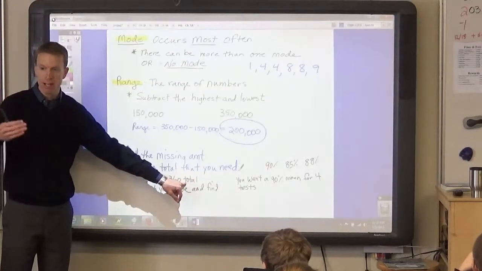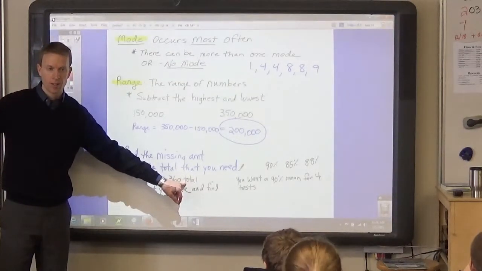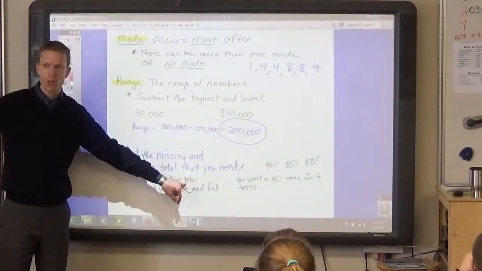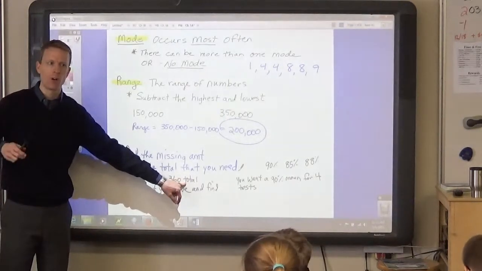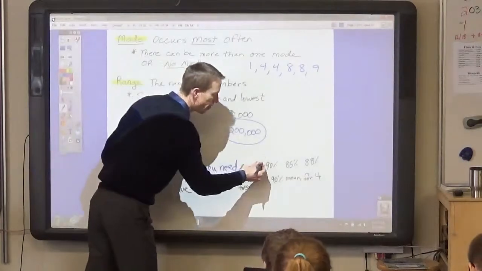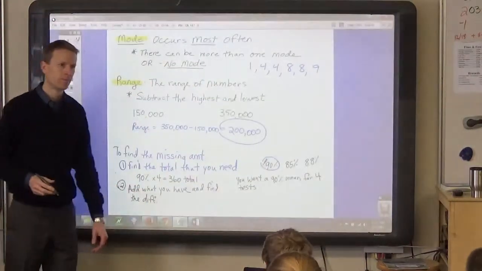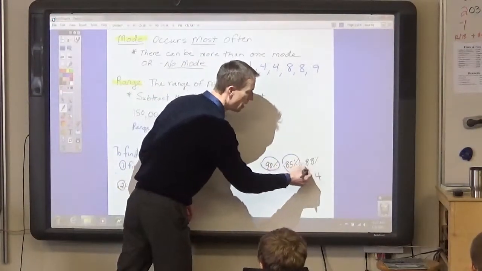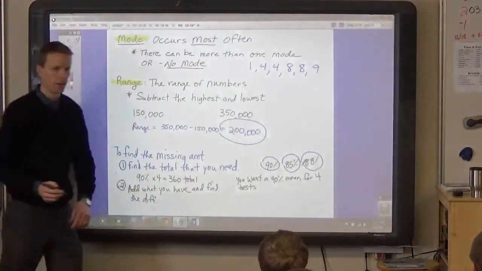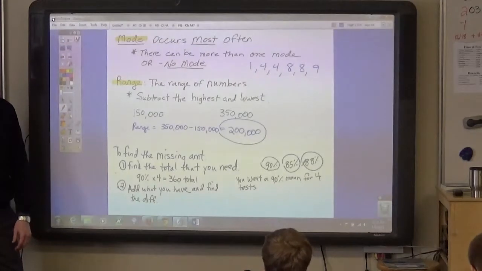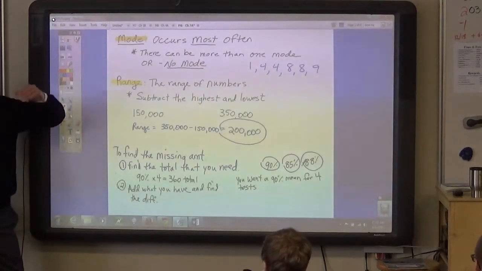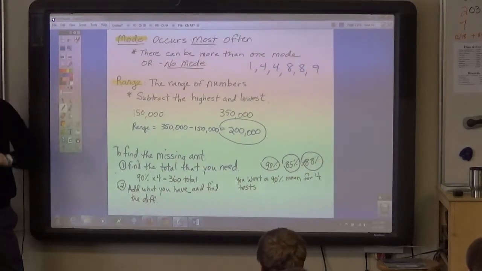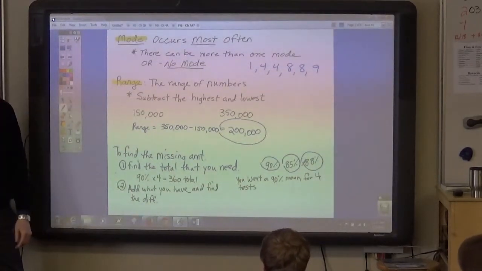So that's the total that you need. Then if you're going to get 90% on each one, or an average of 90, what if you haven't gotten 90 on each one? What if you've only gotten 90 on the first one, but then you got 85 on the second one, and 88 on the third one? Then you know you're going to have to score higher, more than 90%, but how much more?